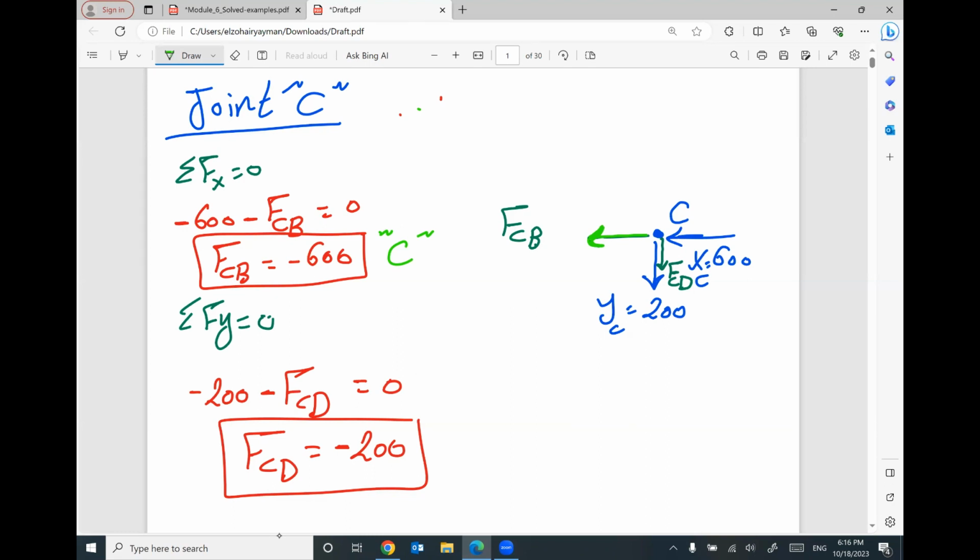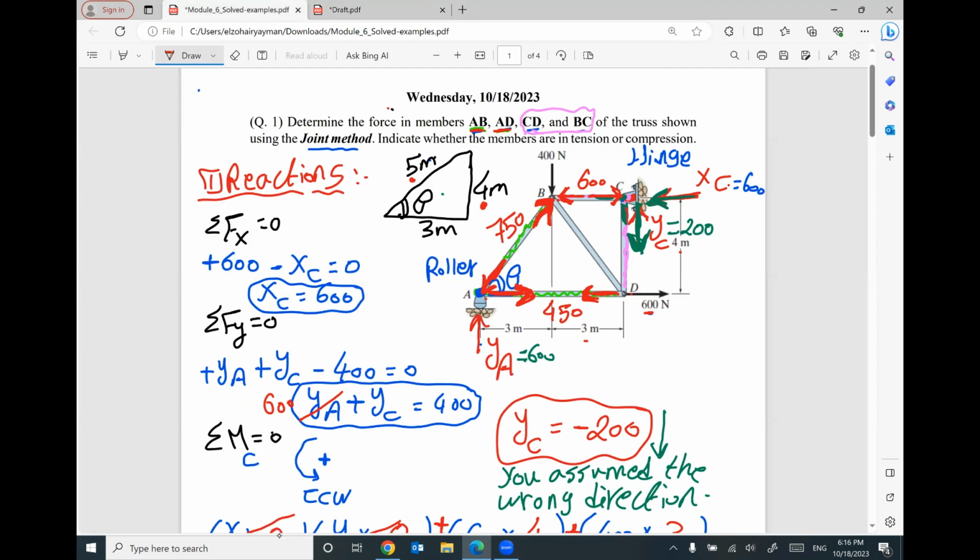FCD is negative too. I assumed FCD coming out from the joint, tension, but unfortunately it's wrong. It should be compression, so the force in this member comes into this joint and into the other joint with a value of 200.